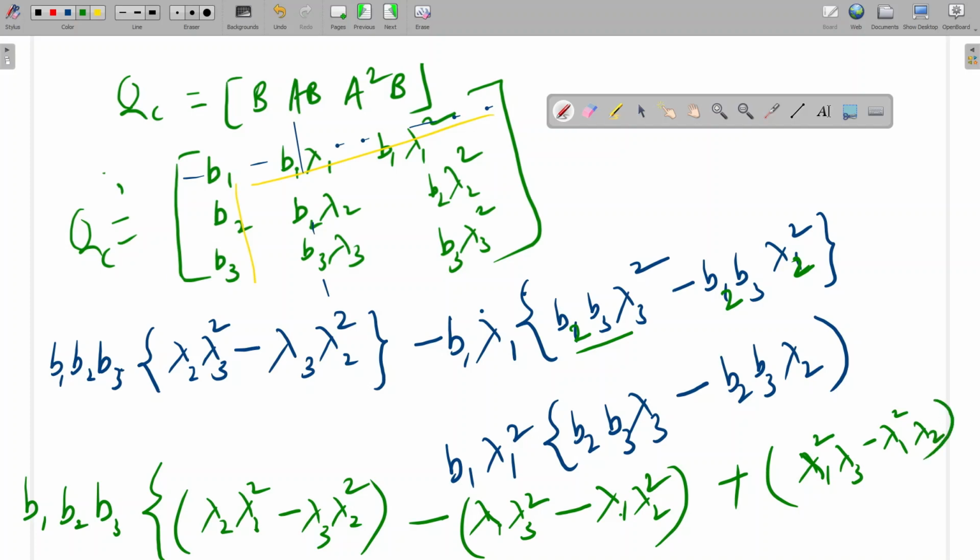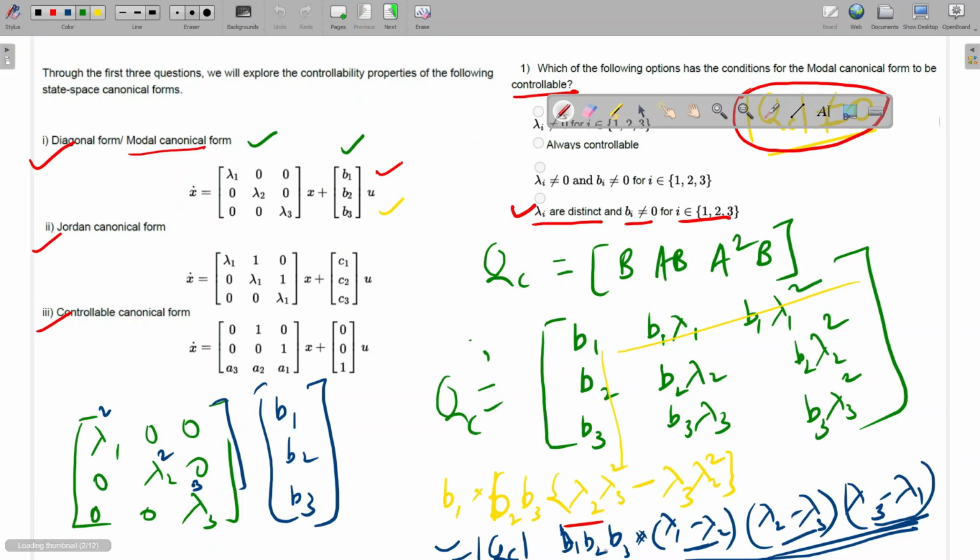Here I am taking lambda 2 square common, so lambda 2 minus lambda 3, and here lambda 3 square minus lambda 2 square, and here 3 minus 2. All should be different, then only it will become null. Converting this into the final factorization, we get b1 b2 b3, lambda 1 minus lambda 2, lambda 2 minus lambda 3, and lambda 3 minus lambda 1.